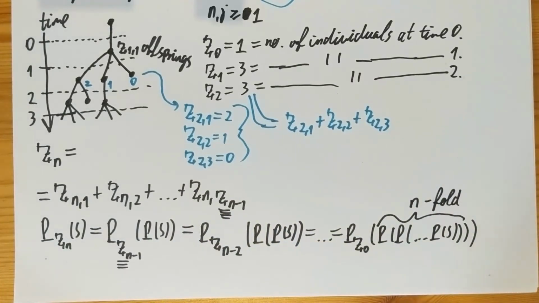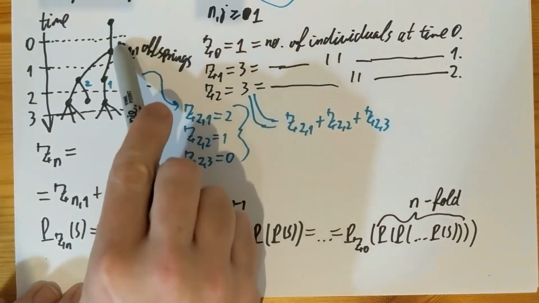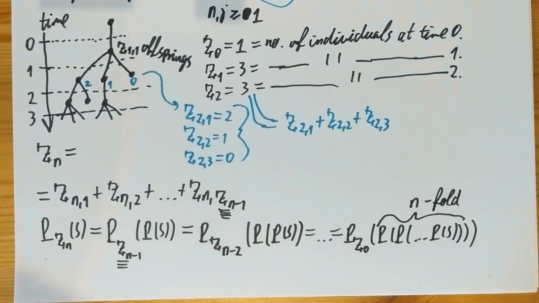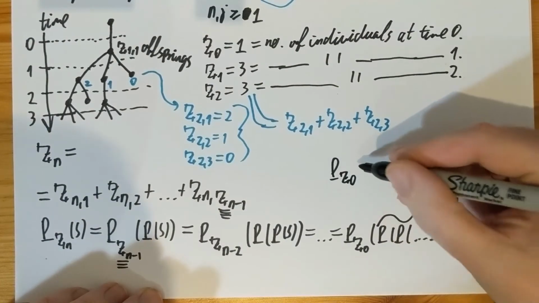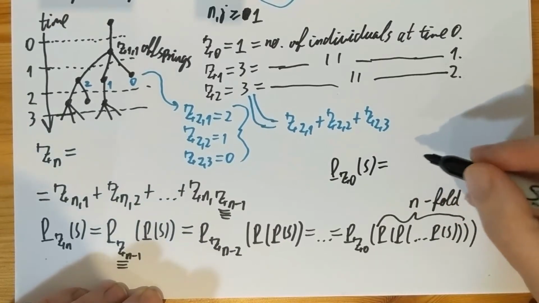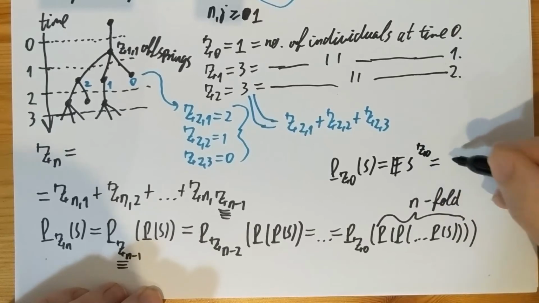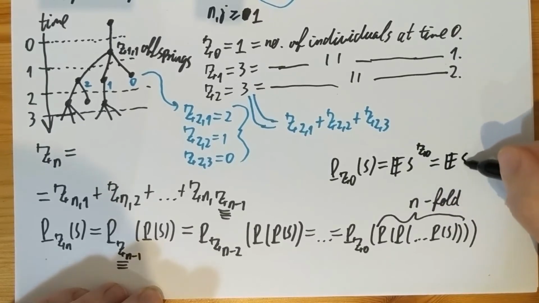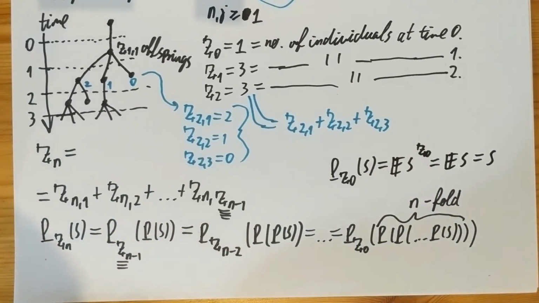Now Z0 is 1. It's always 1. Z0 is not random. I always assume that I start with one individual. So the generating function for Z0, P of Z0 of S, is the expectation of S to the Z0, but Z0 is 1. So it's the expectation of S, but actually there is nothing random in S, so it's just S itself. In other words, the generating function for Z0 is the identity function.